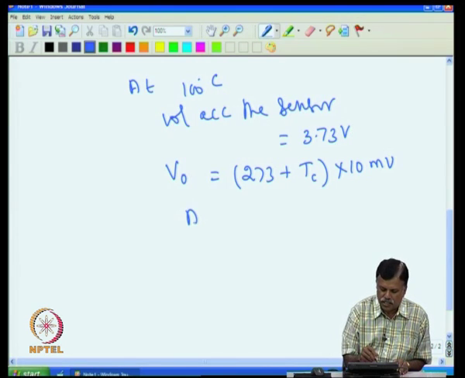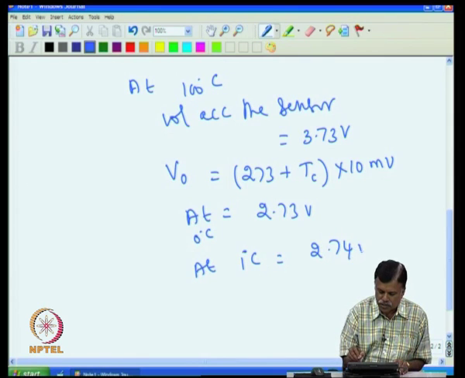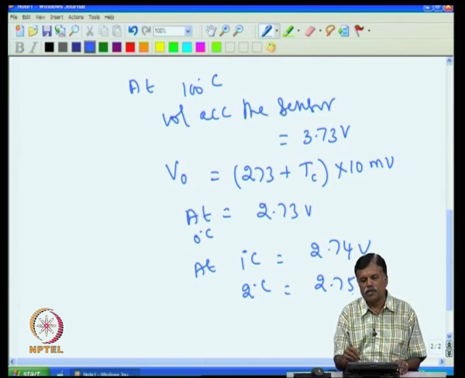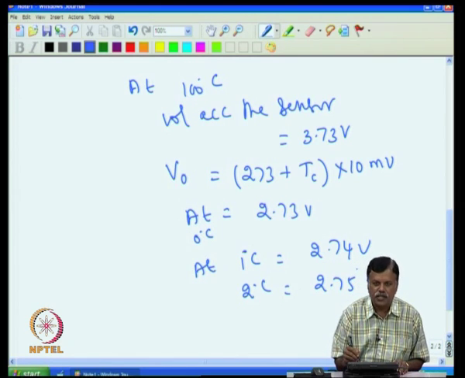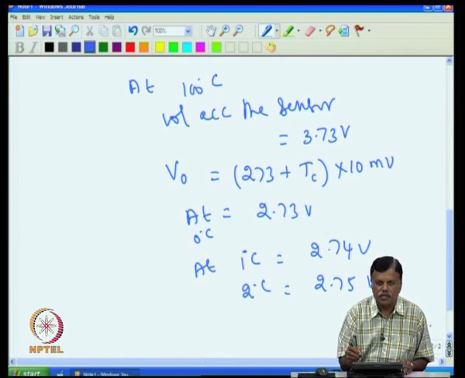At 0 degree C it gives you 2.73 volt. For example at 1 degree C you will get 2.74 volt, and at 2 degree C you will get 2.75 volt, like that. For every 1 degree, you will see a 10 millivolt increase in voltage across the sensor. So, if I want to measure the temperature, I should keep the sensor wherever I want to measure, and then I will get a voltage like this.